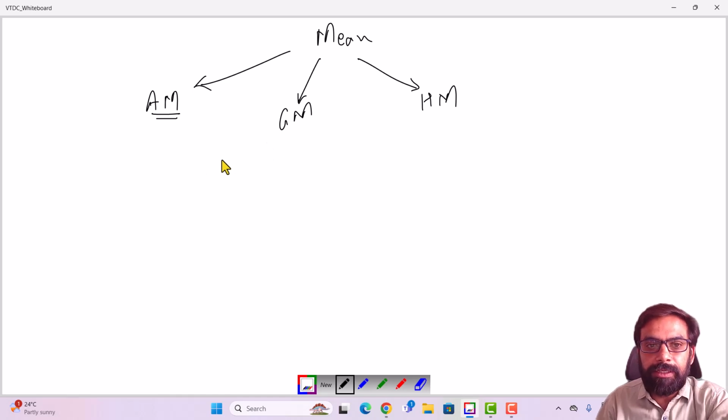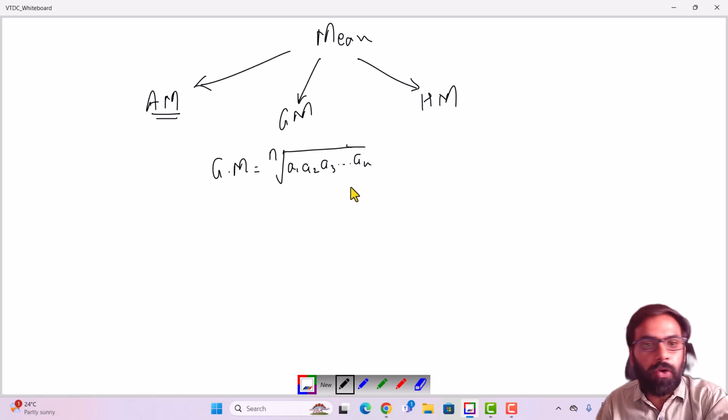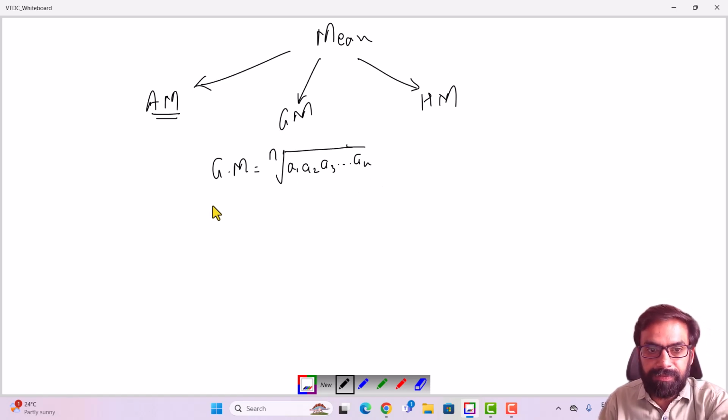Geometric mean, GM, is nothing but the nth root of all the quantities, that is A1, A2, A3 multiplied till An. So nth root of the product of all the n quantities over here. For example, if there are two quantities, then geometric mean will be written like this.